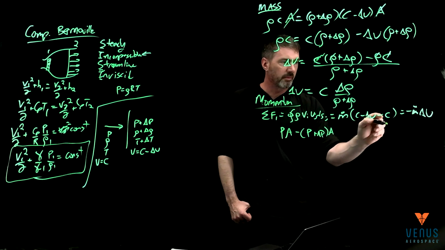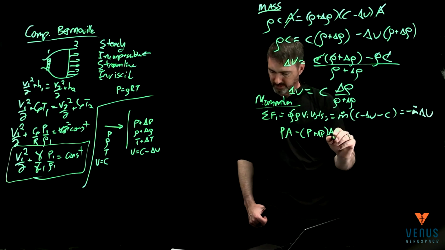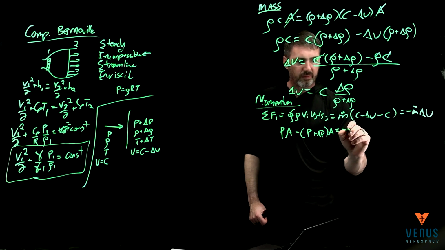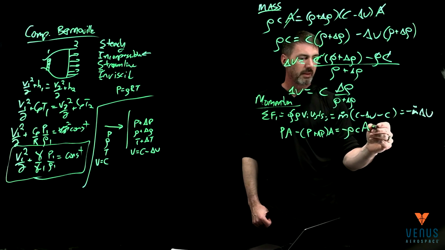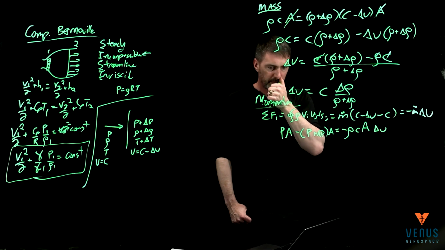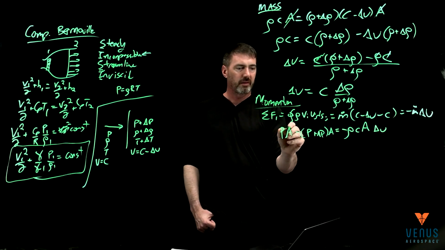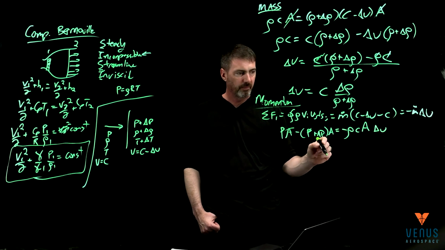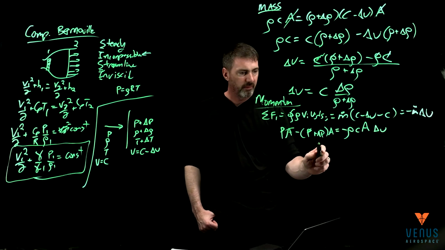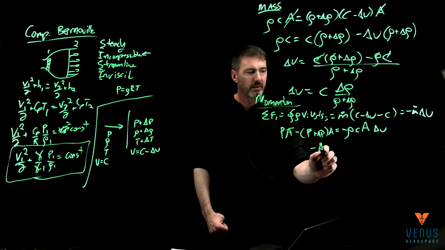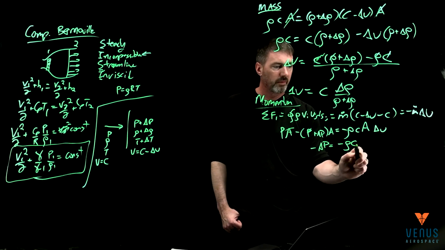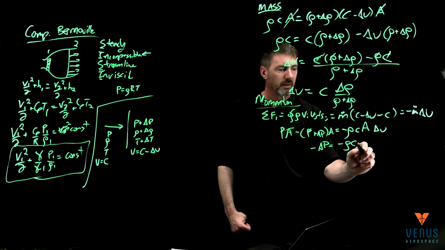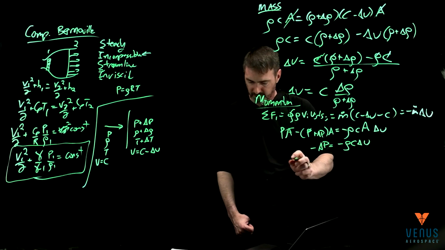Okay? And a reminder, mass flow rate, that was rho C times area, and then delta U. So again, this PA and that P term cancel. And so you have that negative delta P is equal to negative rho C delta U, and the area is canceled out. All right.